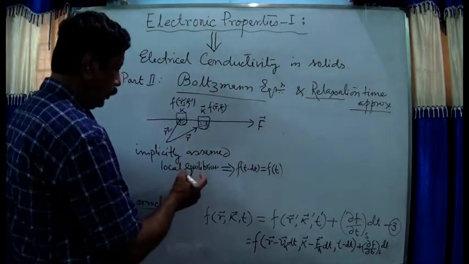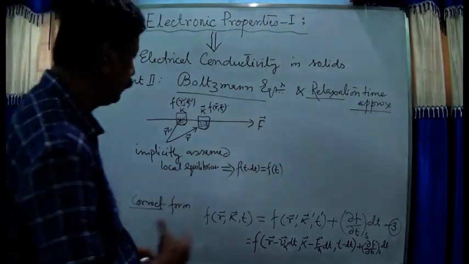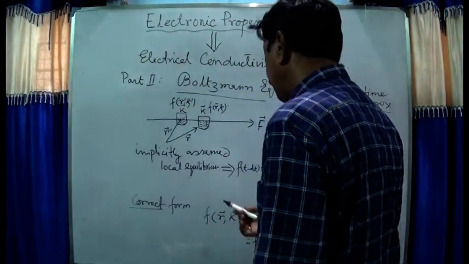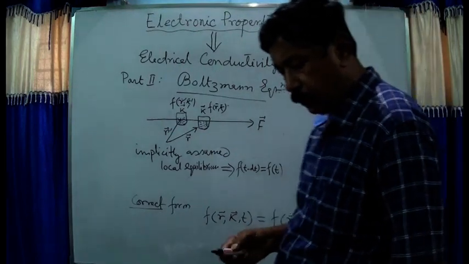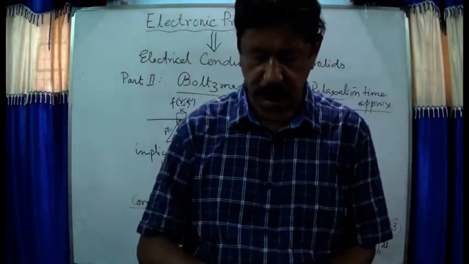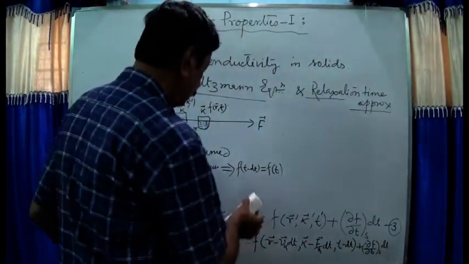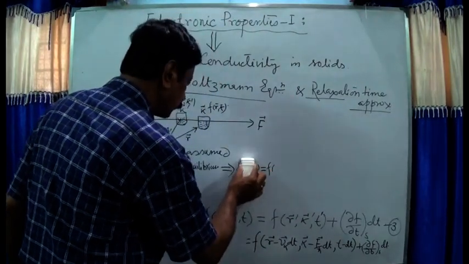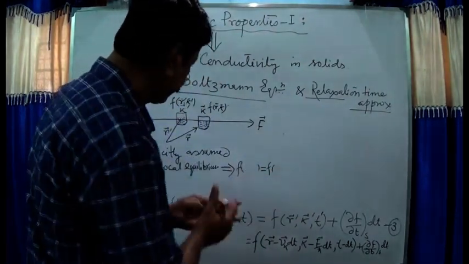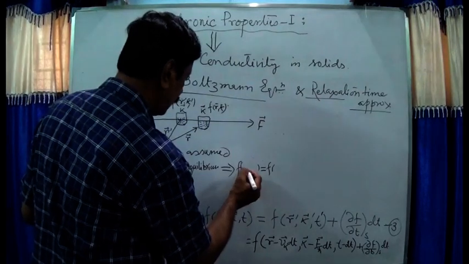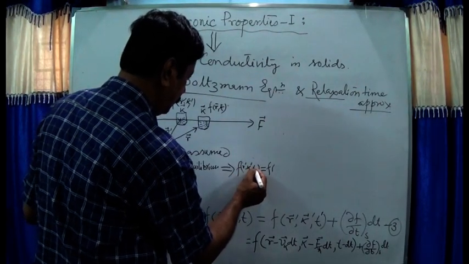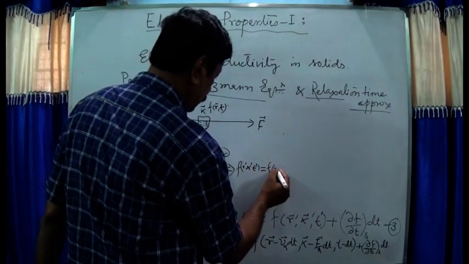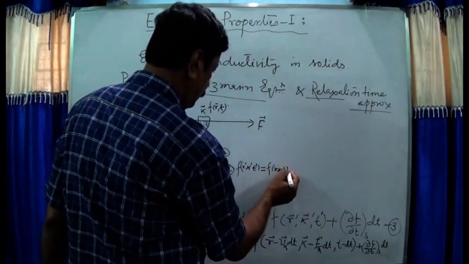Right? So it is a local distribution, the implicit relation. This thing also we can picturize in this way, that f of r prime, k prime, t prime is f of r, k and t.